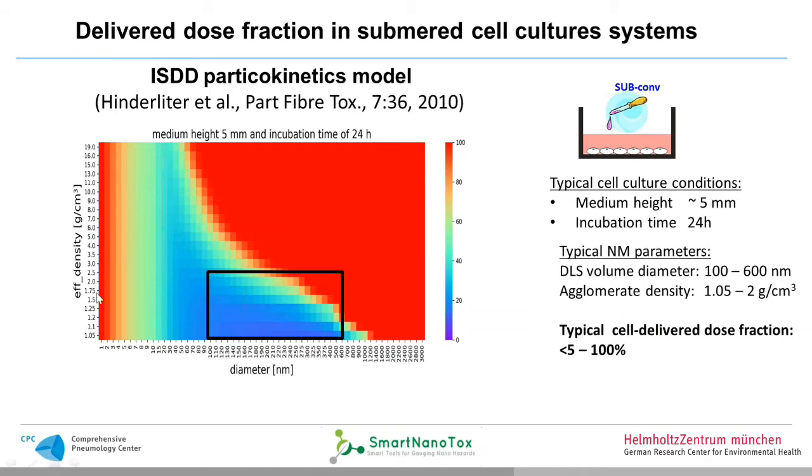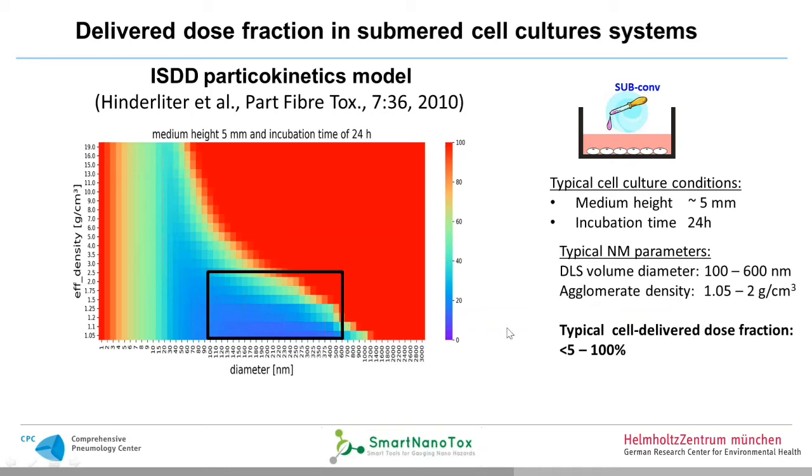But the crux of the thing is, typically we are operating in this regime, and here on the y-axis I have the density of the particle, and that is a convolution of the material density and the shape of the particle. And since we have agglomerates, the effective density is typically much smaller than the material density. And so typically when we do our experiments, we are in this window here, where between 100 and 600 nanometers, roughly, we have densities of up to about 2.5 grams per cubic centimeter.